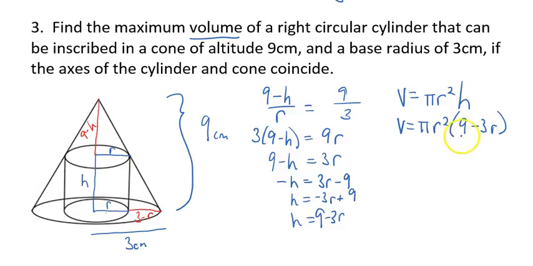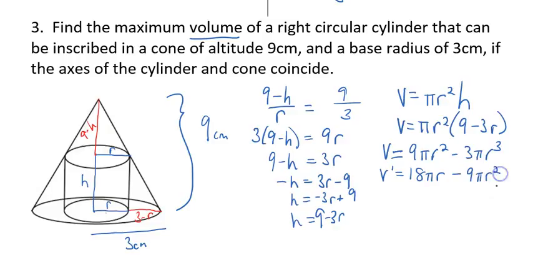And now we just follow suit like every other optimization problem we've done. We're going to distribute the pi r squared through and get 9 pi r squared minus 3 pi r cubed. Then we'll take the derivative and get 18 pi r minus 9 pi r squared, and we'll set that equal to 0.